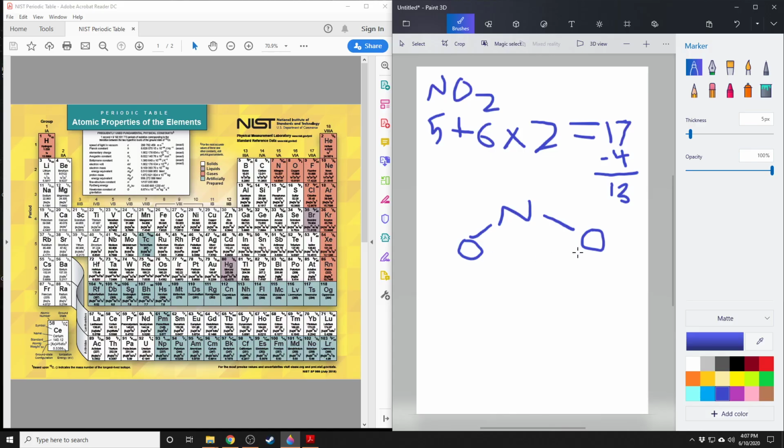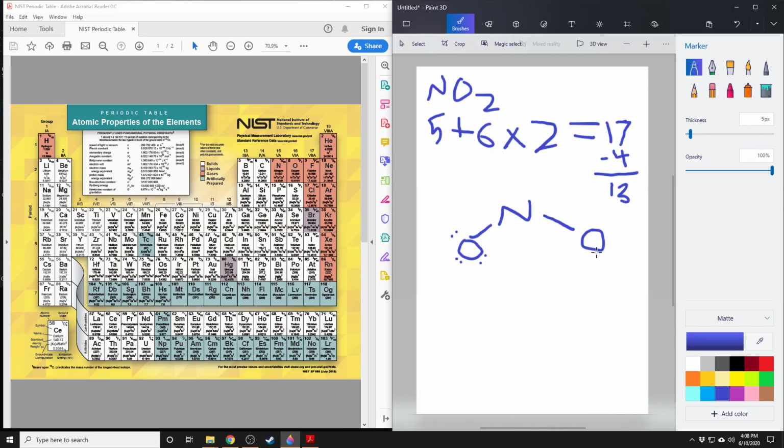Remember, when we distribute these, we're always going to do it on the surrounding atoms, not the central atom. We have 2 electrons on this oxygen right now, which means it needs another 6 electrons. So we put 3 sets of lone pairs, which is 6 electrons.